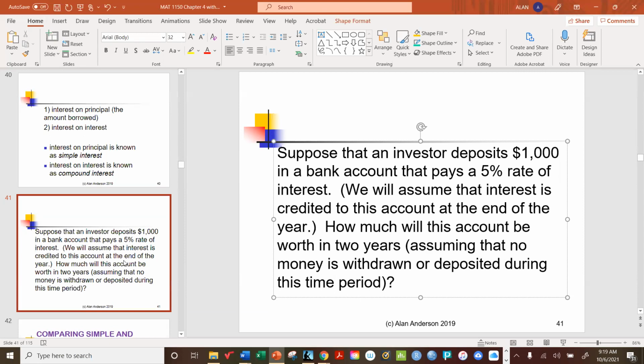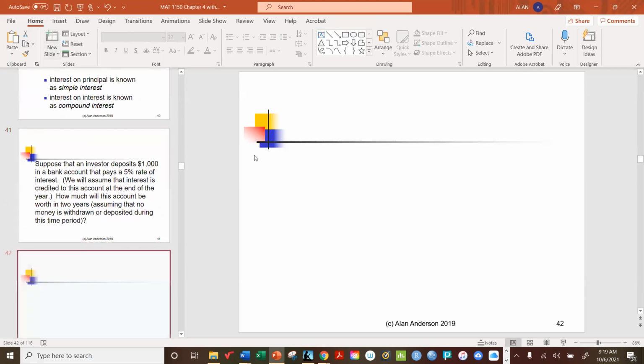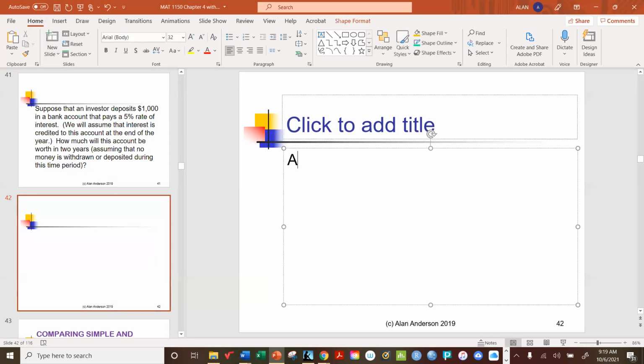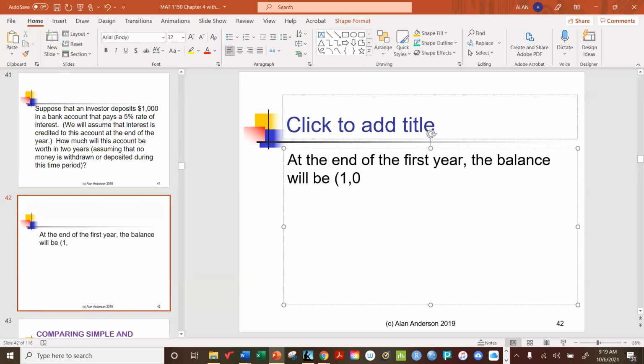All right, so how does that work? Well, here's how it goes. At the end of the first year, the balance will be 1,000 times 1.05, which is 1,050.